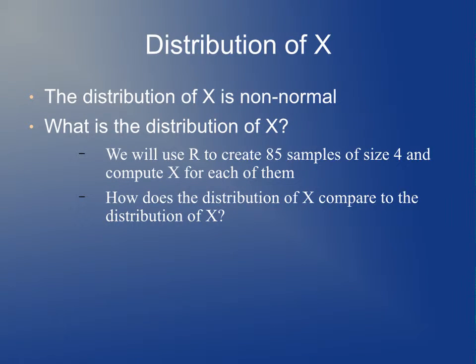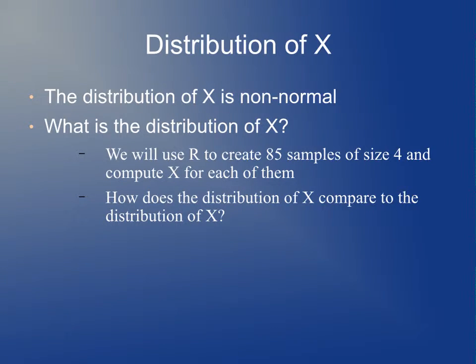Let's say we want to calculate the distribution of x bar, the sample mean, and let's just say we collect only 4 trees, take the average of those 4 trees, and we'll repeat this multiple times. So this gets a little bit confusing here, but the original data has a certain distribution.